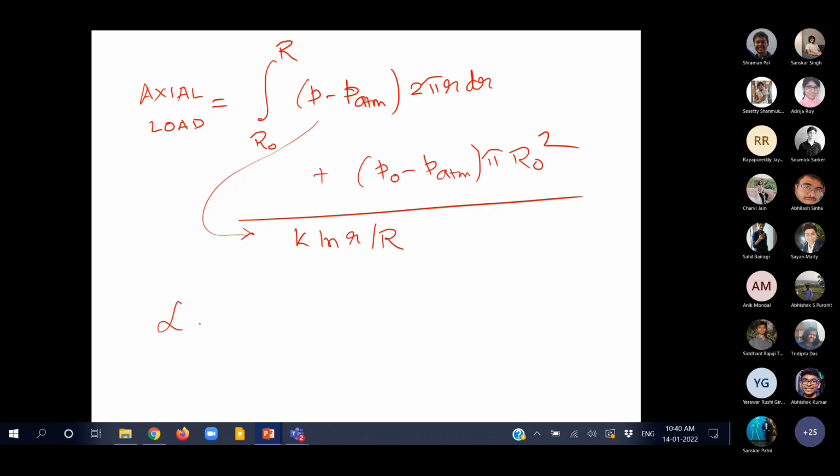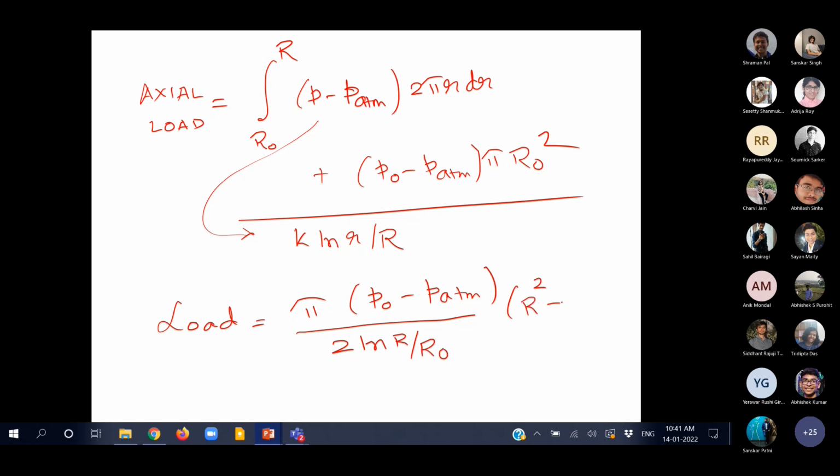So I'll leave it to you that the final load is simply going to be pi times the effective pressure at the two ends. So this would be the total load that the bearing can support. Okay, any question?